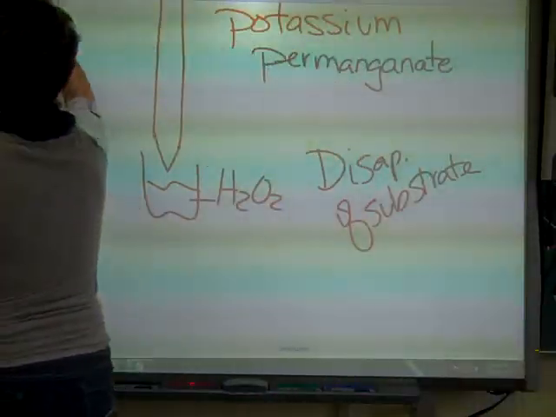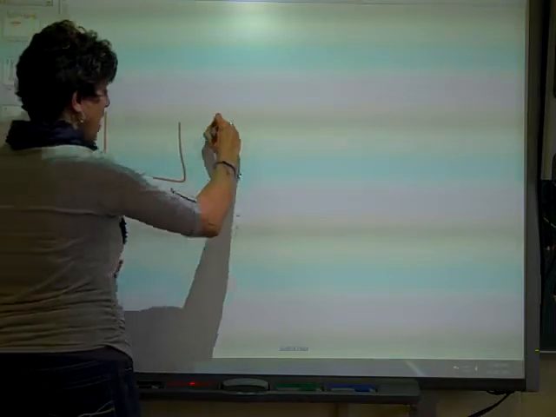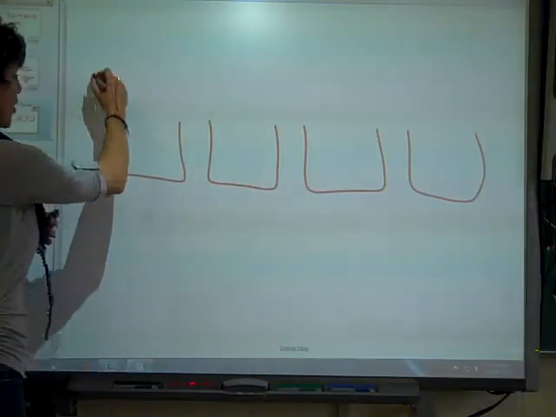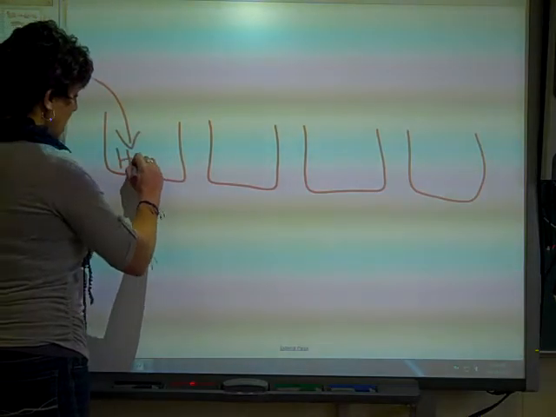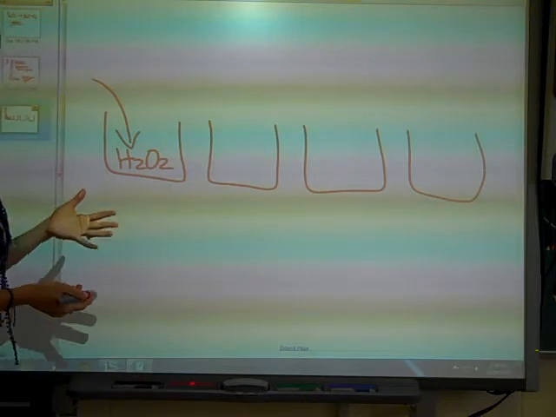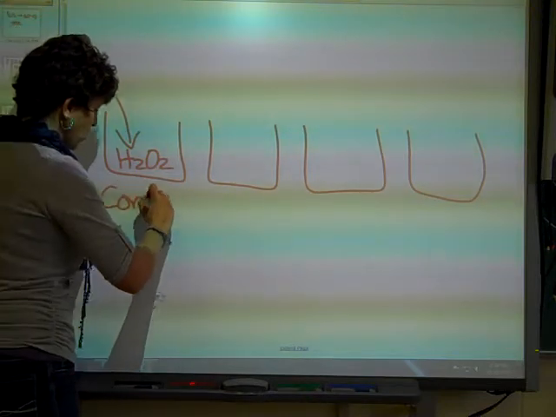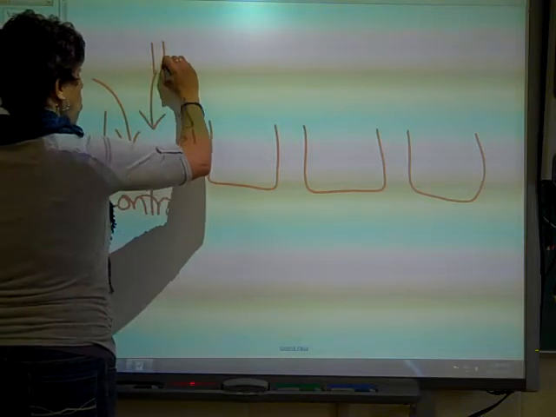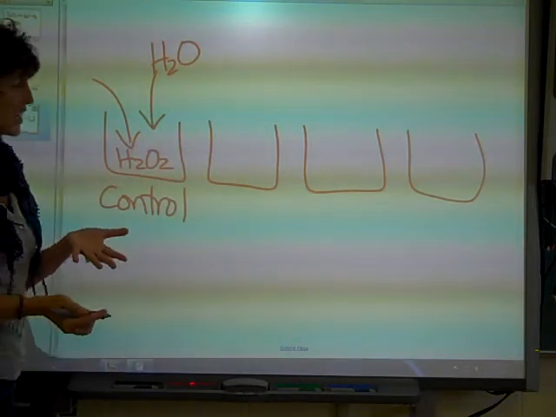So what you're going to do is you're going to set up beakers. And in every beaker, you are going to add H2O2. Well, you're going to have a control. So I'll call this one my control. And for the control, we're going to add water instead of adding an enzyme.